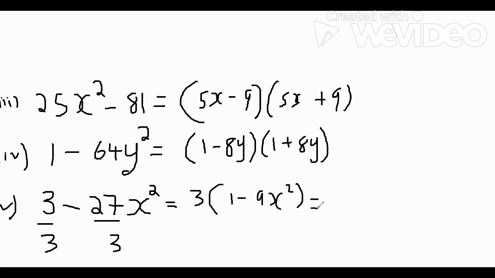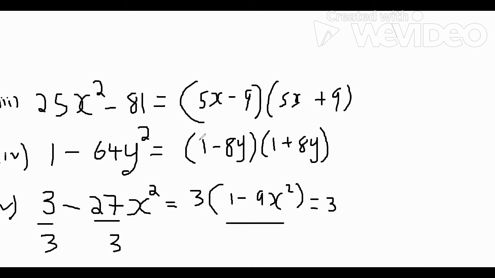Look at this. Is this a difference? Yes. Is 1 a square number? Yes. Is 9 a square number? Yes. So what is in the bracket is a difference of 2 squares, and you're going to factorize it as a difference of 2 squares.